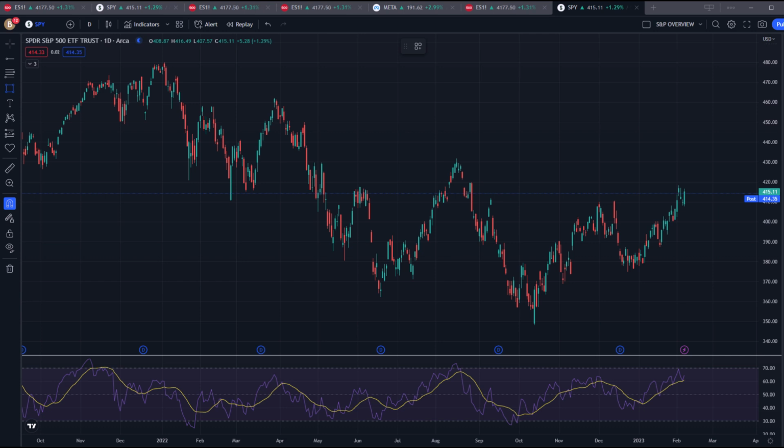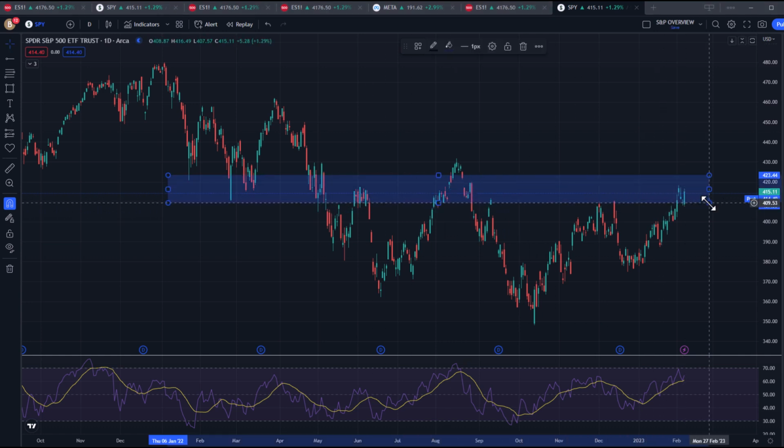To show you how we use the RSI, I'm going to briefly explain an entry and exit signal that we use that's related to price action pretty often, and that is support becomes resistance or resistance becomes support. I'm going to grab the drawing tool real quick and show you what I identify as an important level on this SPY chart, and that is this level right here.